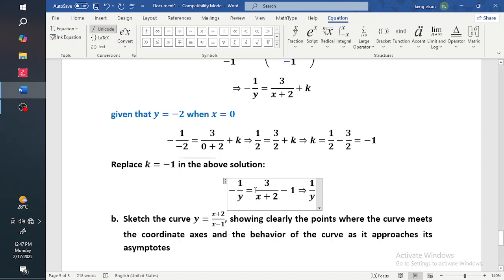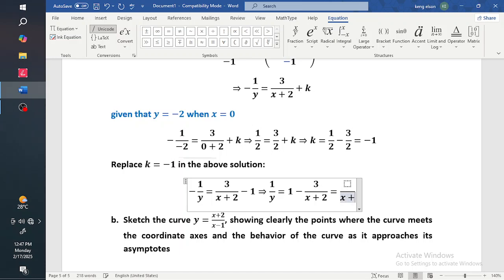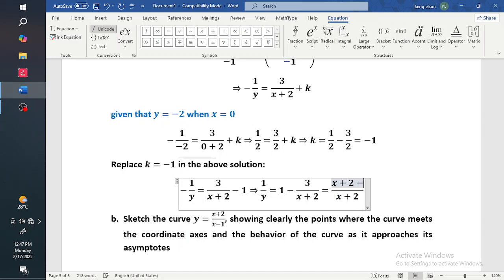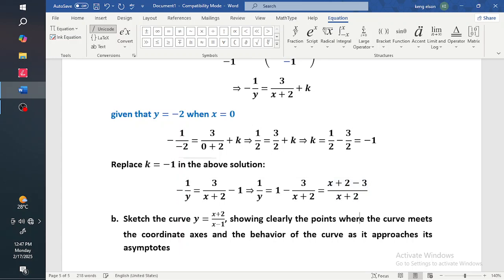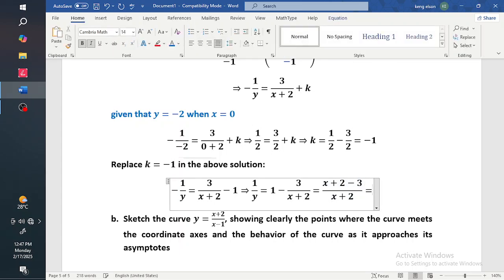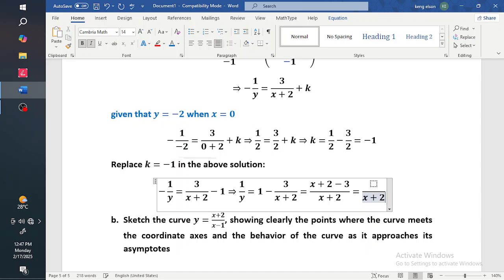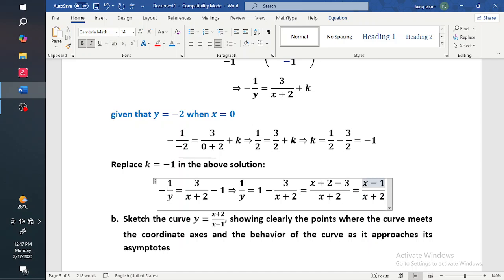So when I divide all through by the minus sign, this first term here picks a negative sign, and then the second term, which is negative, now becomes positive. Now I can rewrite this as starting with 1, 1 minus this is the same as negative this plus 1. Now the LCM is x plus 2. Now we are going to have here x plus 2 minus 3, where we do the LCM. So this is going to give us x plus 2 in the denominator and x minus 1 in the numerator.